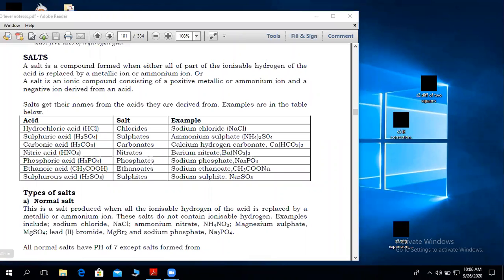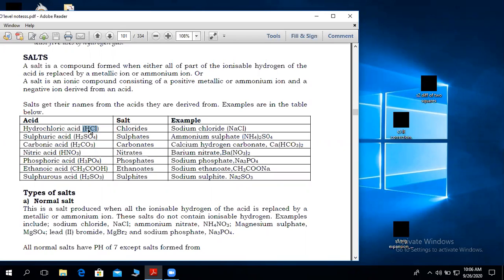So let us first remind ourselves of the definition of a normal salt. What is a normal salt? We agreed for a normal salt, for example, if I am to take this as the acid, all the hydrogens of the acid are replaced.